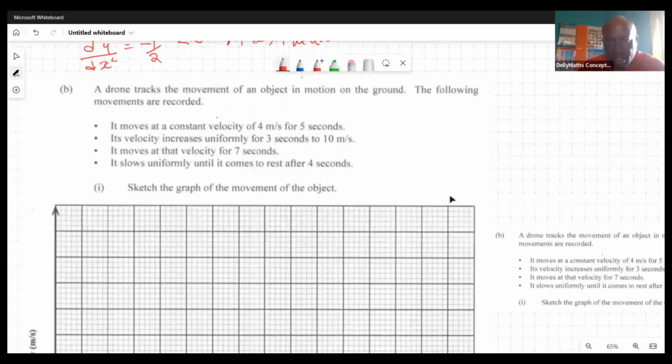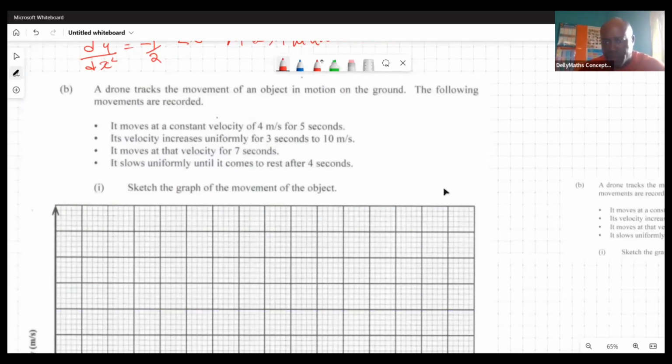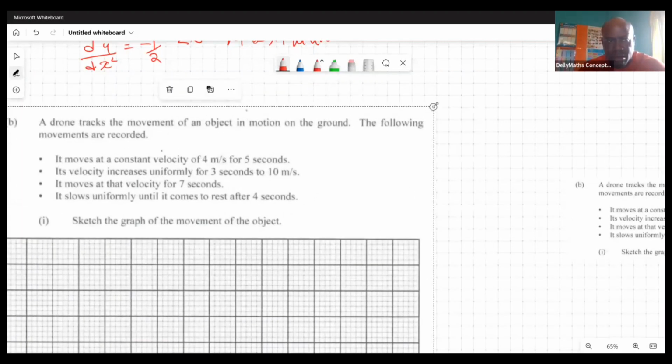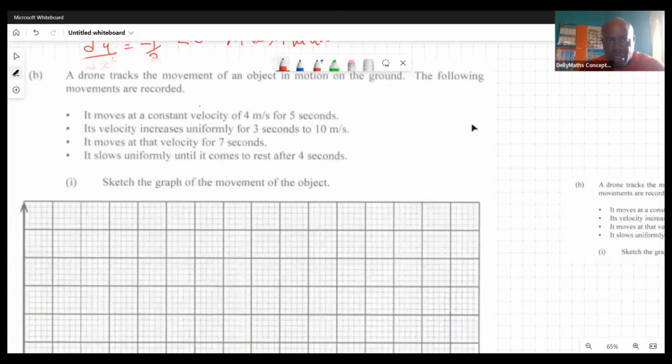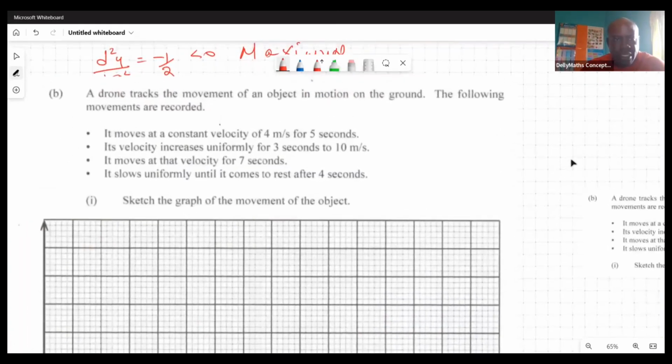So this question states that a drone tracks the movement of an object in motion on ground. The following movements are recorded.